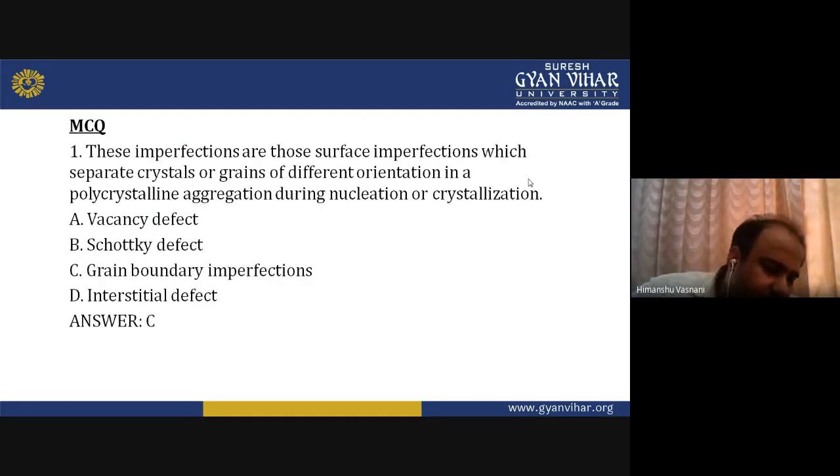For the first question, these are surface imperfections which separate crystals or grains of different orientation in a polycrystalline aggregate during nucleation or crystallization. What do we call this kind of imperfection? This is a grain boundary imperfection that we studied in the previous slides also.